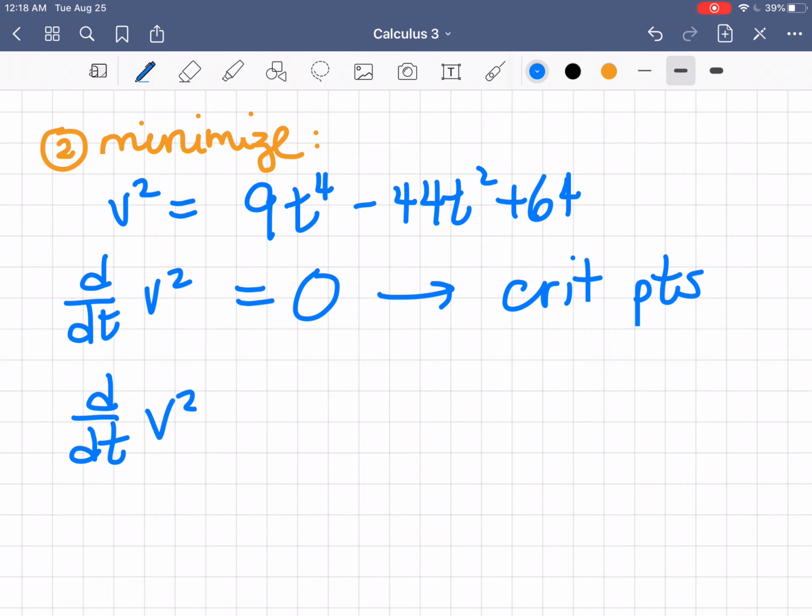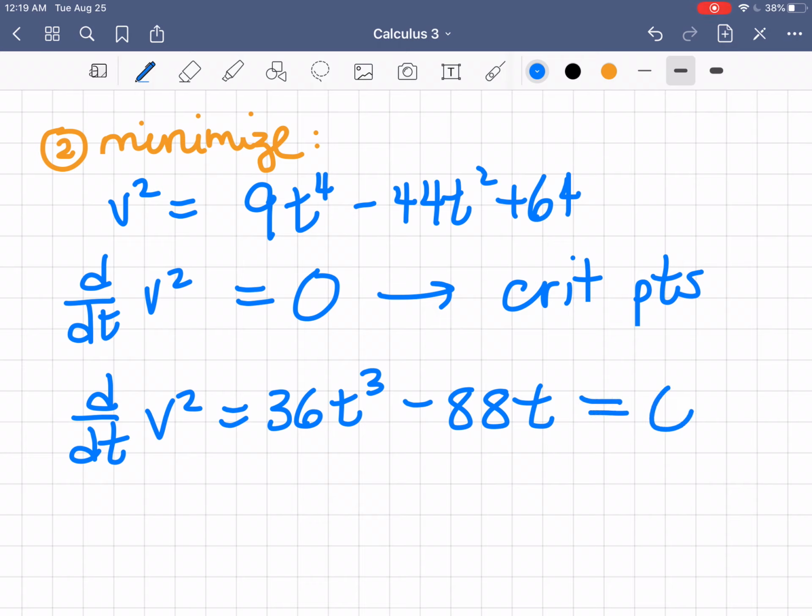So if we compute the derivative of v squared, that's a simple derivative. It's 36t cubed minus 88t. If we set that equal to 0 and pull out the t, we get t times (36t squared minus 88).